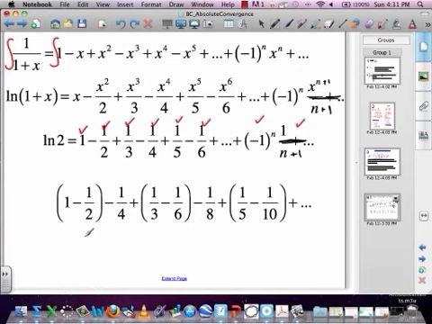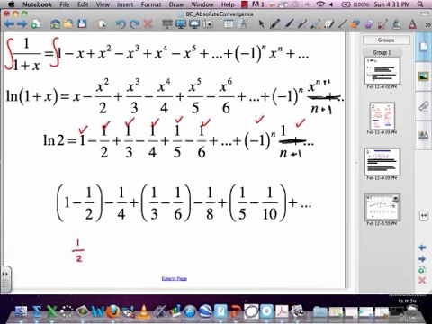Now, what does this do? 1 minus a half gives you a half, minus a fourth, plus 1/3 minus 1/6. That's 2/6 minus 1/6, which is 1/6. Minus 1 over 8, plus 2/10 minus 1/10, that's 1/10. This pattern continues.